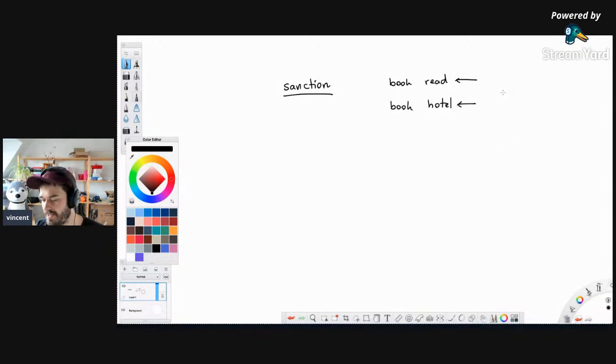And where that gets really tricky is that book can be both a noun as well as a verb. And when book is a noun, those are situations where it's most associated with another verb. So also here you get many of these tricky situations.